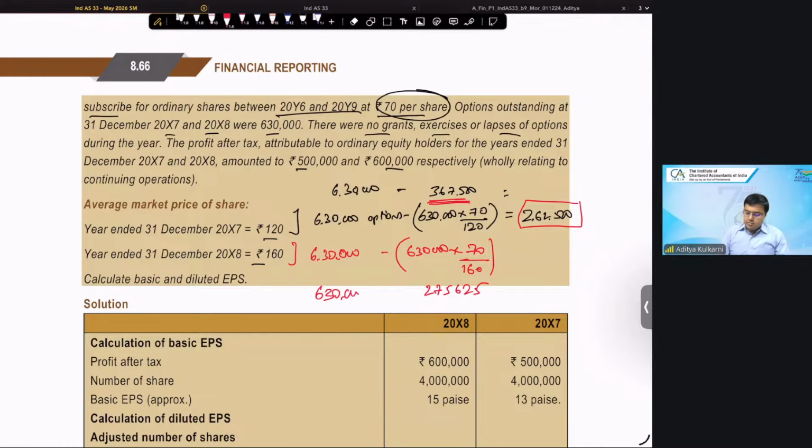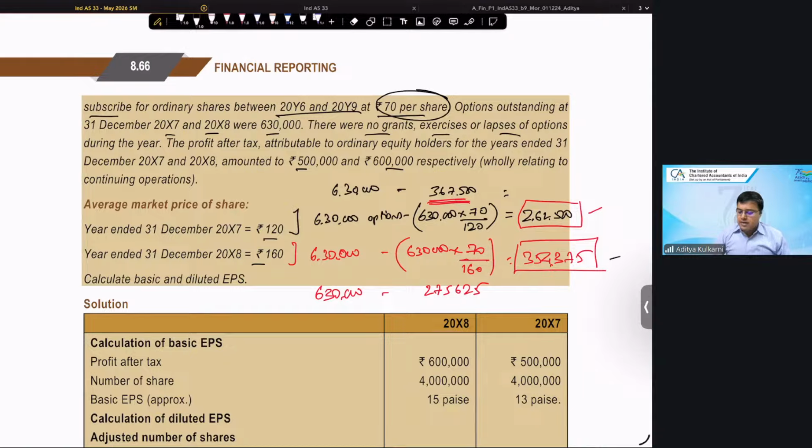So what is the bonus component? 354,375. As your shares become more and more valuable, the number of potential shares also increases, because you are getting lesser consideration and in return you are giving more. So therefore, in X7, the addition of potential equity shares would be 2,62,500.